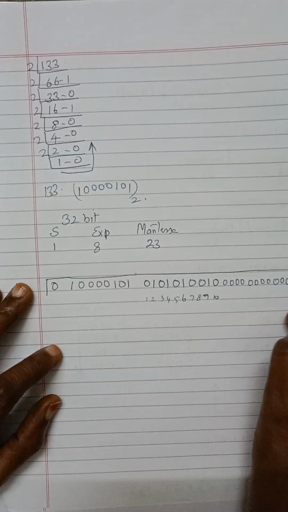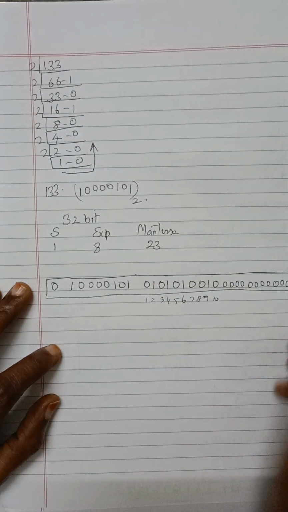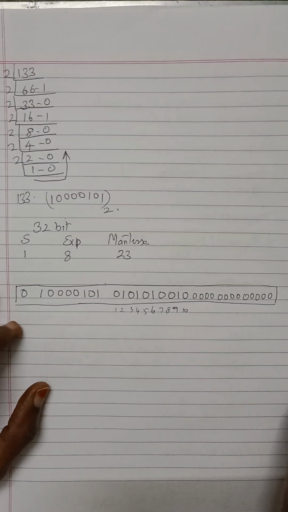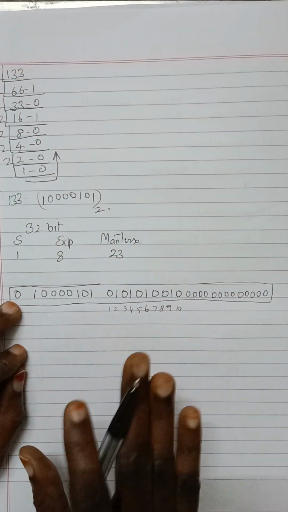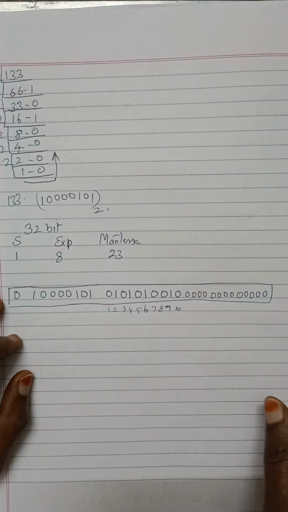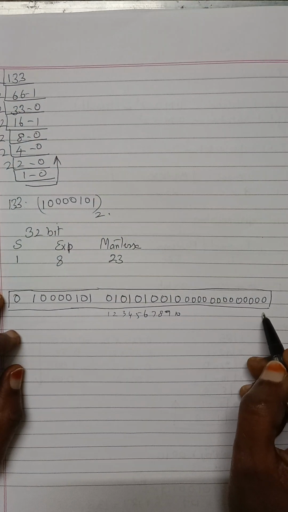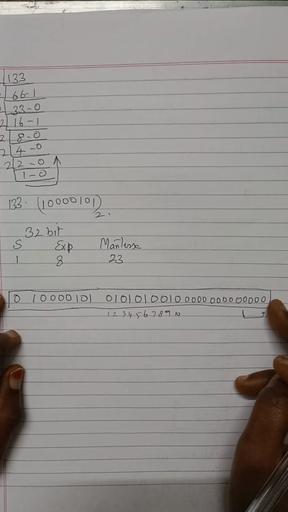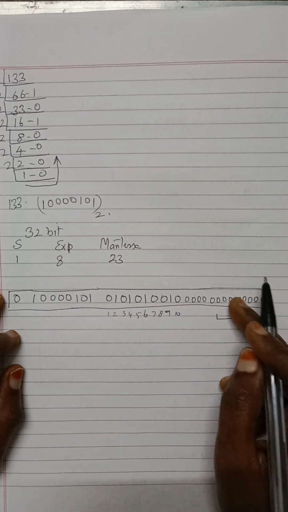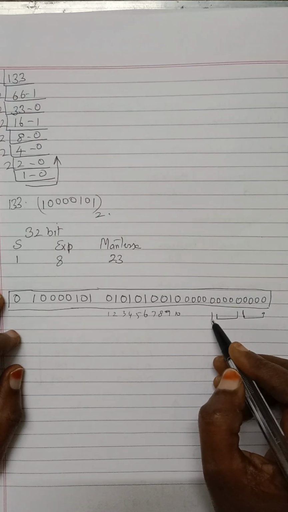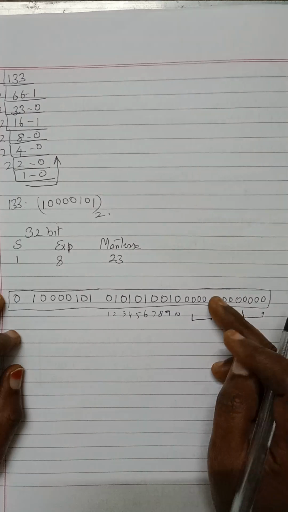Now we have to write it in hexadecimal form. You have binary digits, and to write them in hexadecimal you take them in fours. So take 0 0 0 0, next 4, then 0 0 0 0, and again 0 0 0 0.